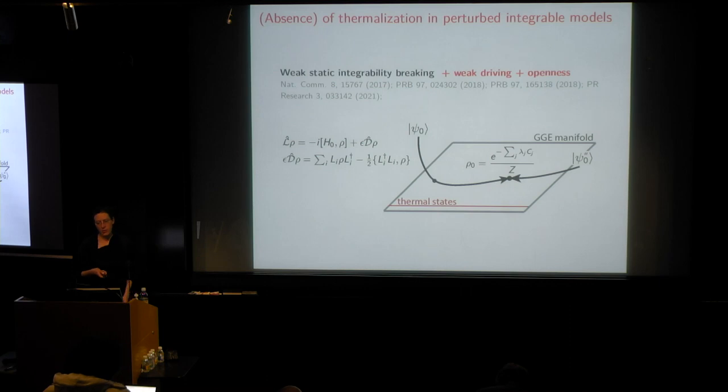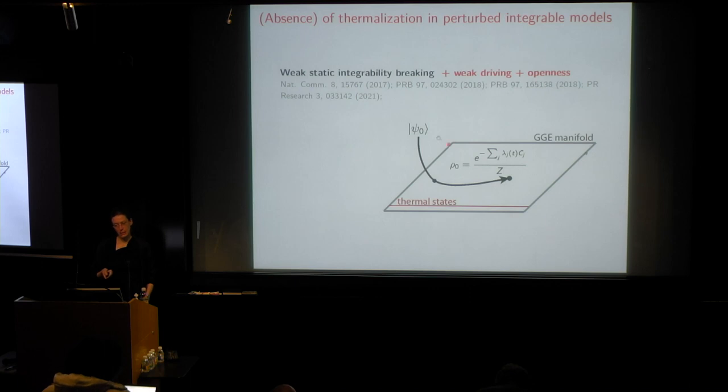And here I go back to the cartoon and say that we should remind ourselves that when we take such an integrable system and weakly couple it to a bath, the bath will take it to the steady state approximately described by these generalized Gibbs ensembles. And not only the steady state, but also the time evolution will be given by time-dependent generalized Gibbs ensembles.